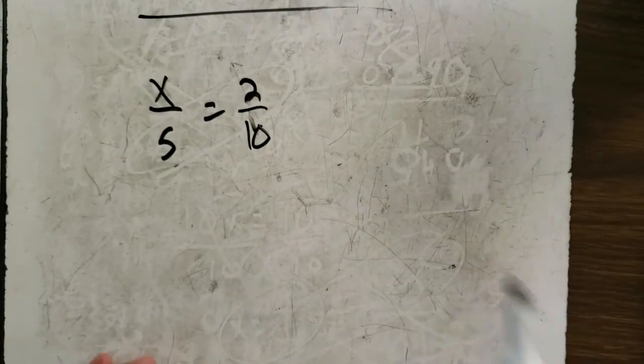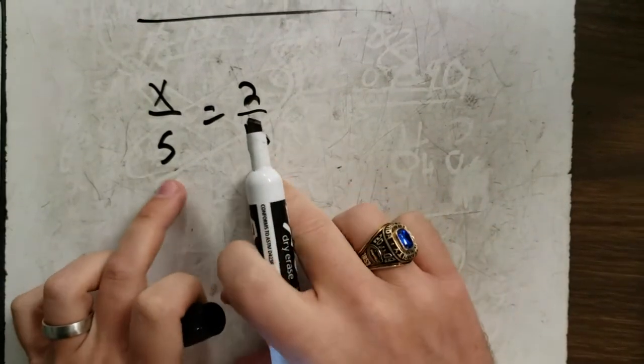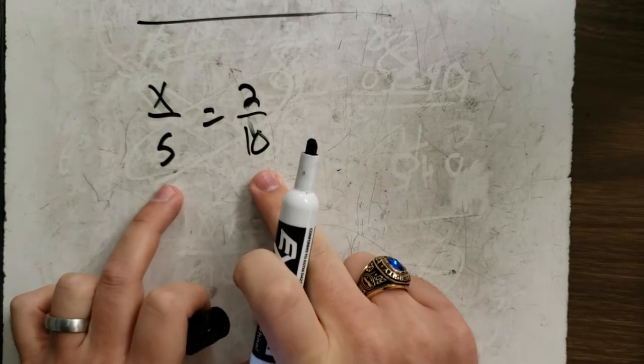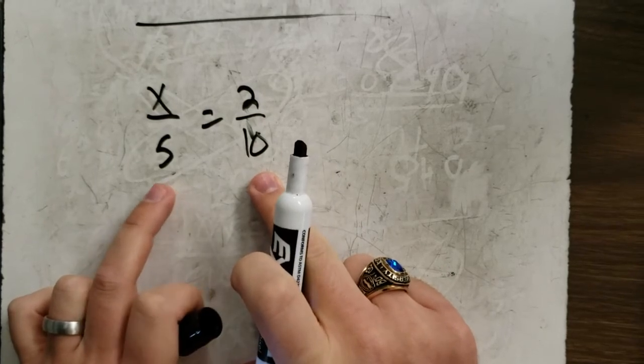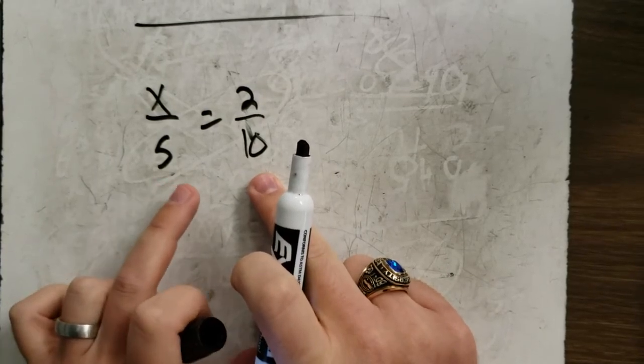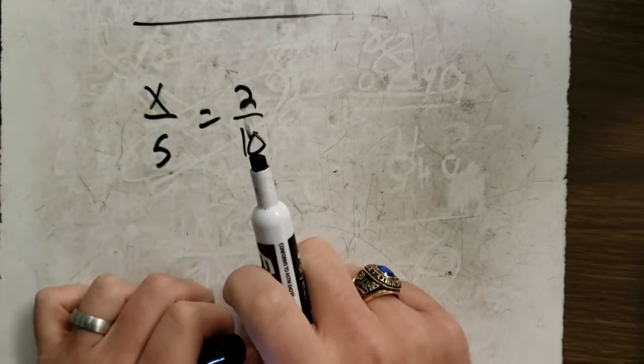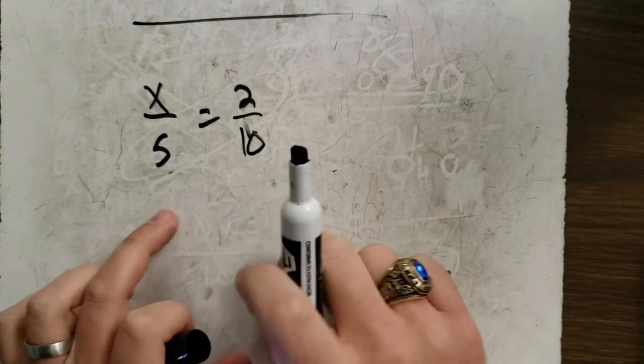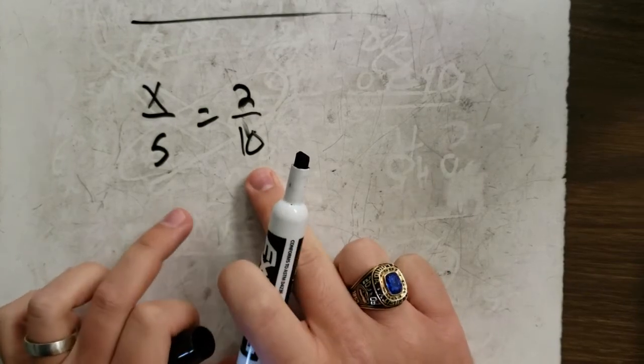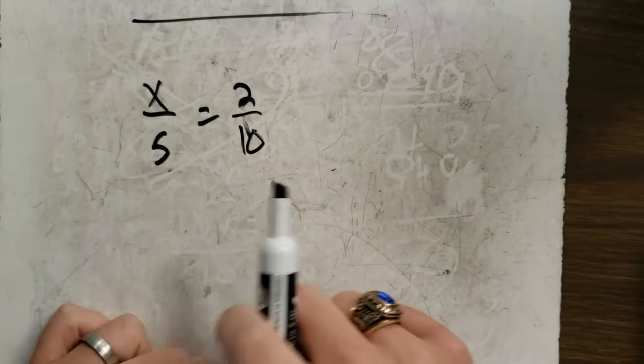Okay, so if we look at your numerators, you have 5 and 10. Well, 5 times what number is 10? 5 times 2 is 10, and 10 divided by 2 is 5. So we know that this fraction is twice as big as the fraction on this side.